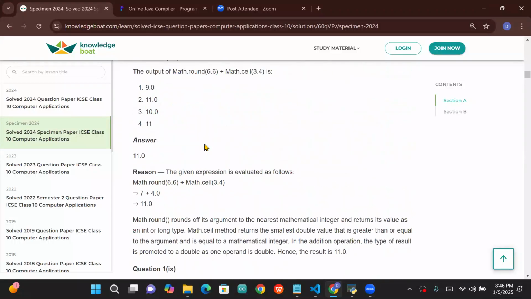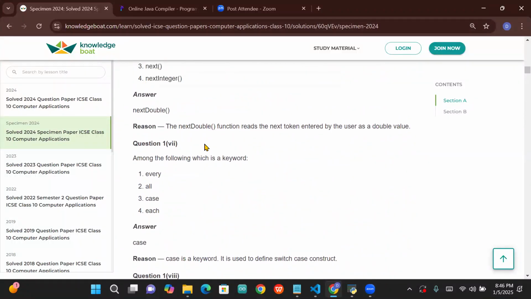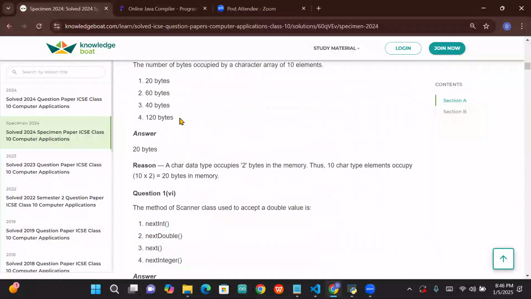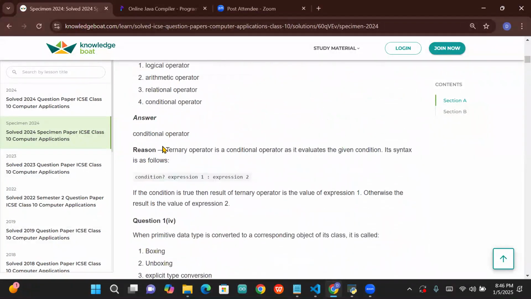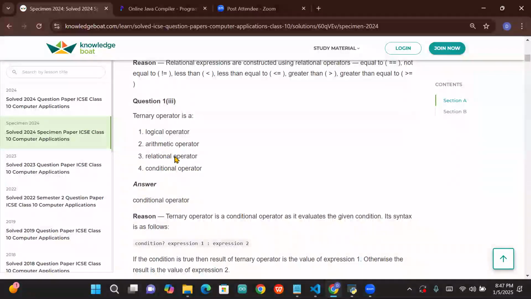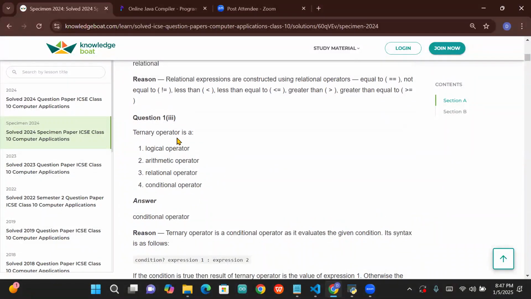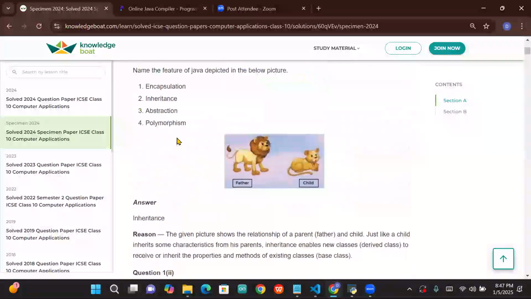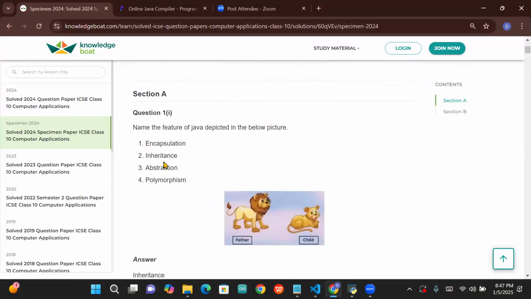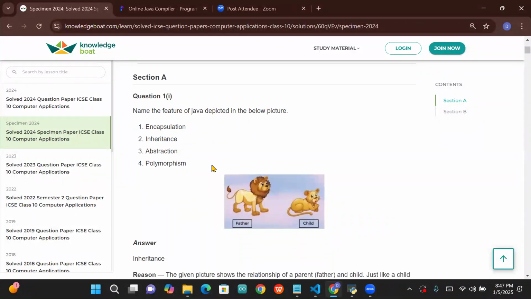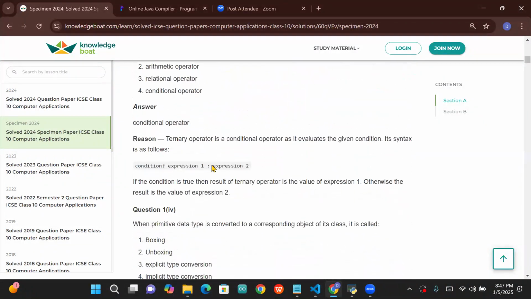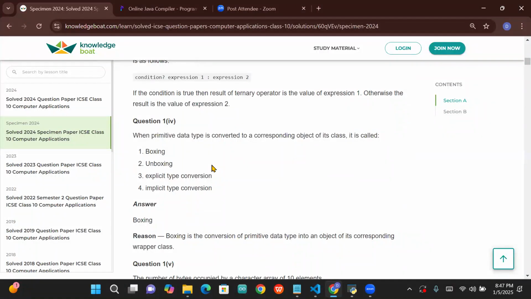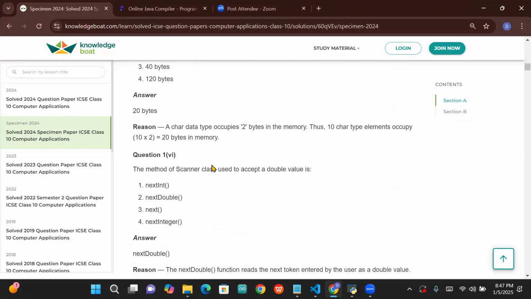Once you are clear with the size of the data types, the operators, and the properties, you can do those questions too. There is no paper where they have not asked a property-based question. That is my guarantee.